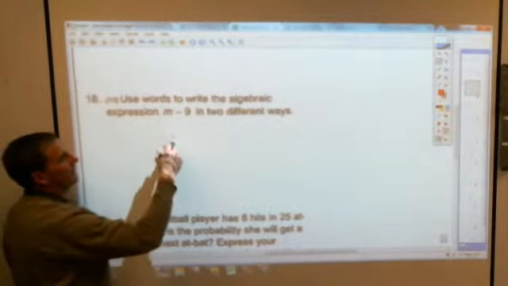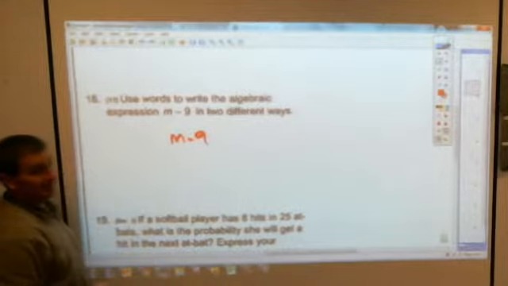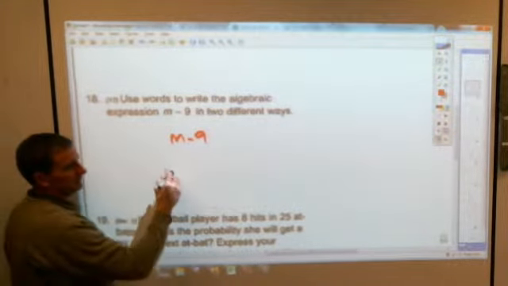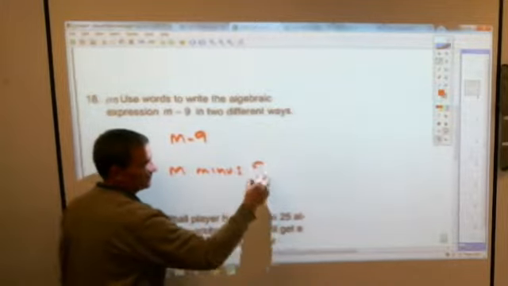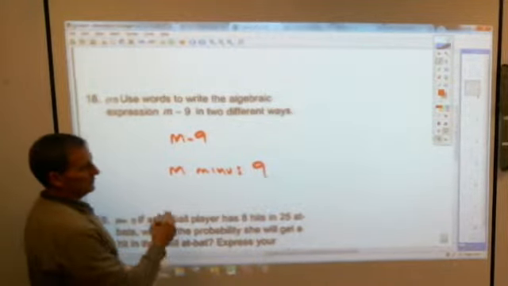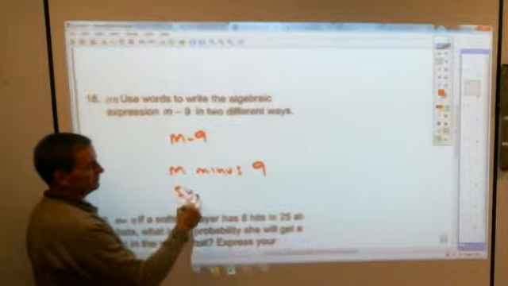What does m minus 9 mean? You could have just written that. M minus 9 would be fine. But you also have to recognize that you could subtract 9 from m.